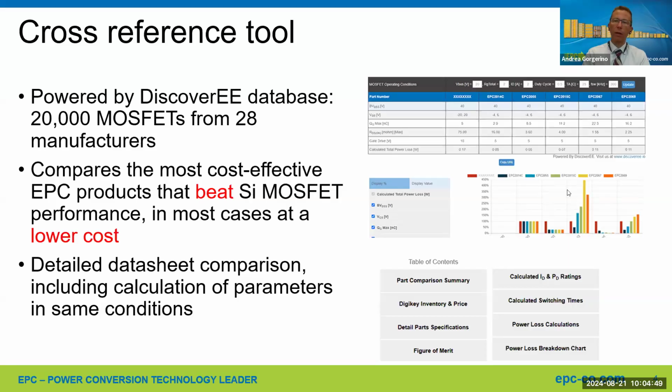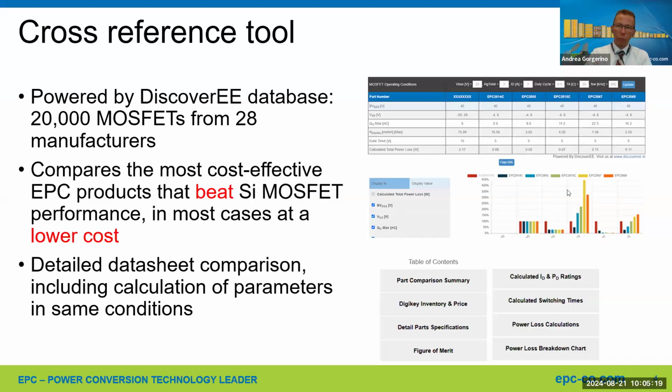So we have all this information available, and we take advantage of that by doing a power loss calculation, actually a first step of a design analysis in a specific set of conditions, looking at that silicon MOSFET and then comparing it to GaN FETs and selecting the ones that offer better performance, and showing those analyses there.